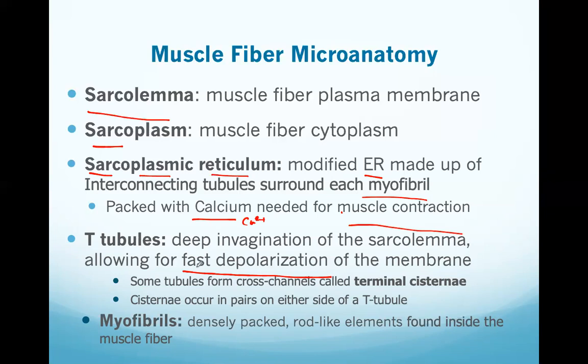Basically, fast depolarization means fast spread of, easiest way to say it, electrical impulses. So if I want to spread my electrical impulse, which is basically depolarizing your muscle fibers, these T-tubules are extremely important. Now, some T-tubules have cross channels called terminal cisternae, and they occur in pairs on either side of your T-tubules. I'll show you this in just a second.